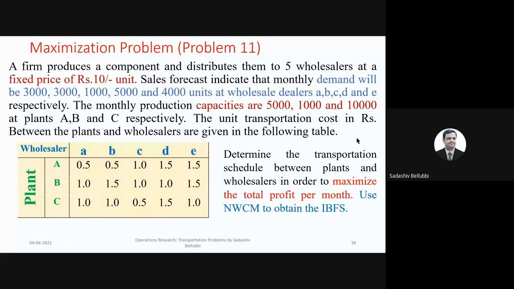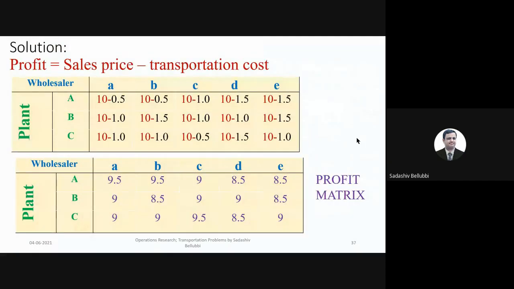Now, the solution: check the first matrix. What is the first matrix? We know the formula: profit equals sales price minus transportation cost. In this problem, only one cost is given, the transportation cost. They have not given any production cost, packing cost or material cost.